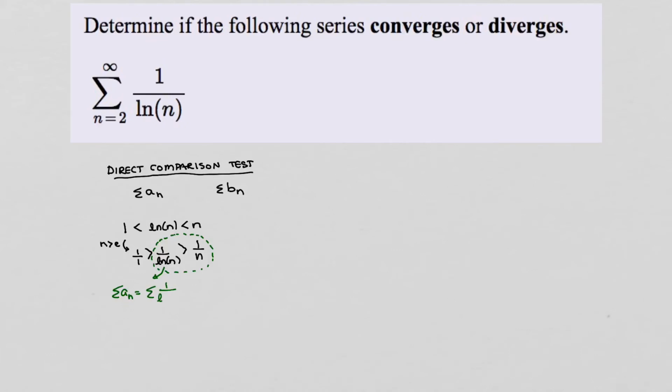My new series that I'm comparing to is this series right here, 1 over n. That's going to be my b sub n series, and that's actually our harmonic series, remember? And what do we know about a harmonic series? Harmonic series always diverge.